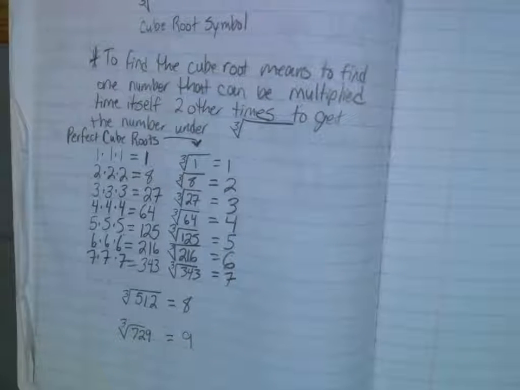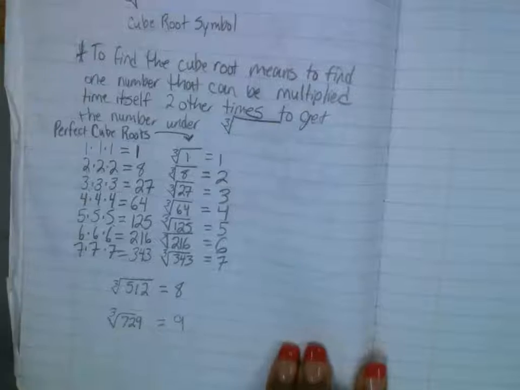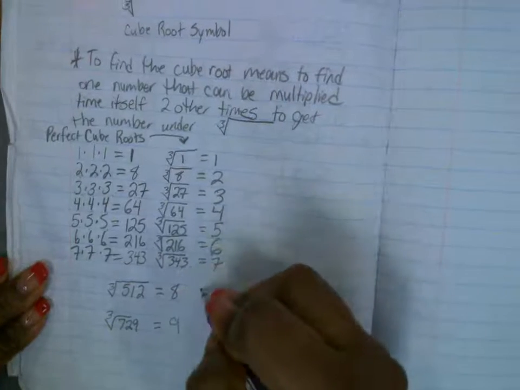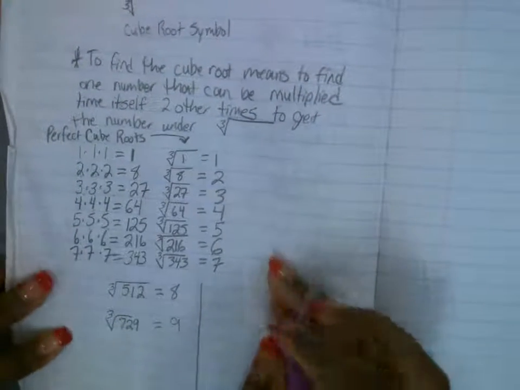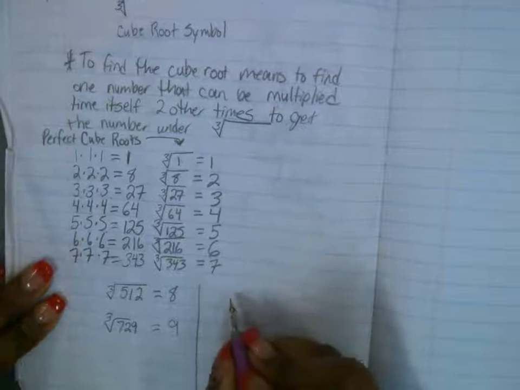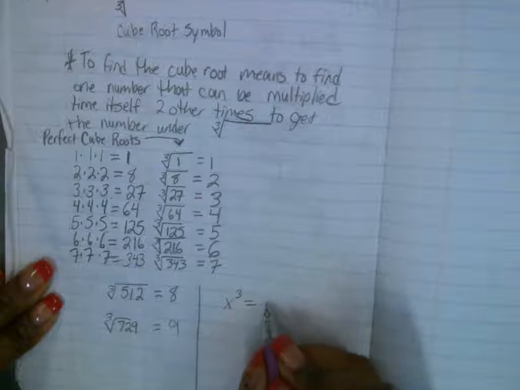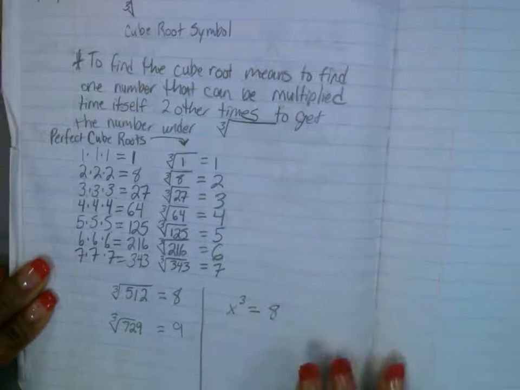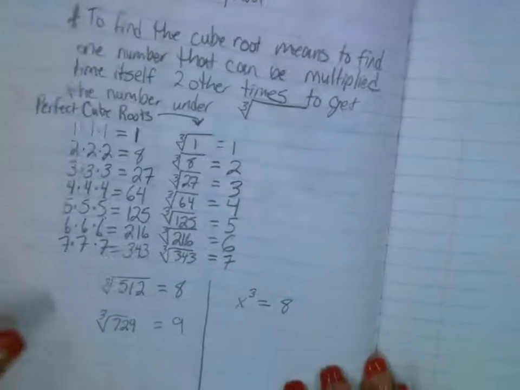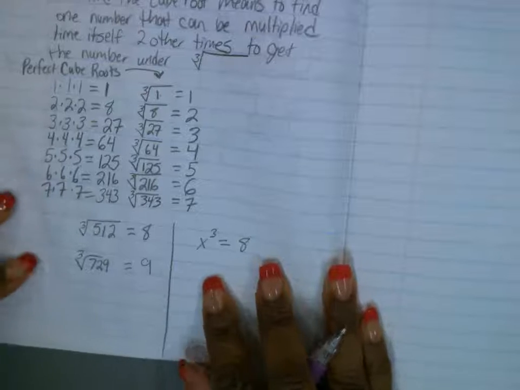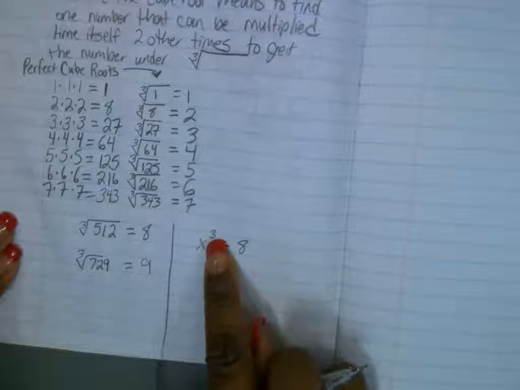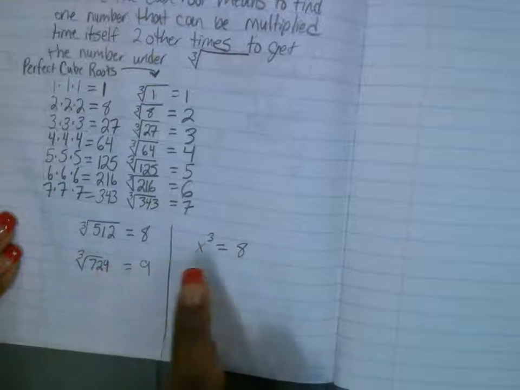Okay. All right. Let's see if we can solve this. Suppose we have x to the third power is equal to 8. In order to get rid of this to the third power, the opposite is to do the cube root.